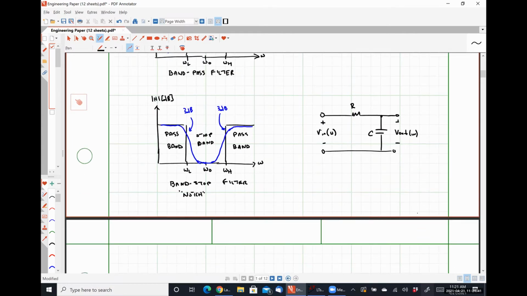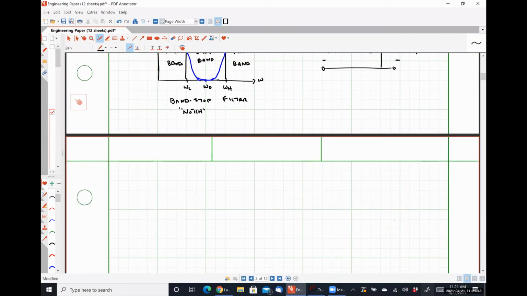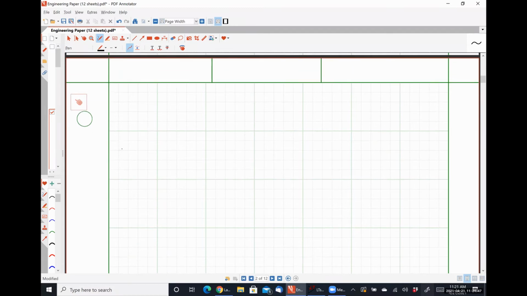So let's dive into a more formal approach than just understanding what the role of impedance and frequency plays, okay? So I'm going to define a transfer function, H of omega, as V out of omega divided by V in of omega.